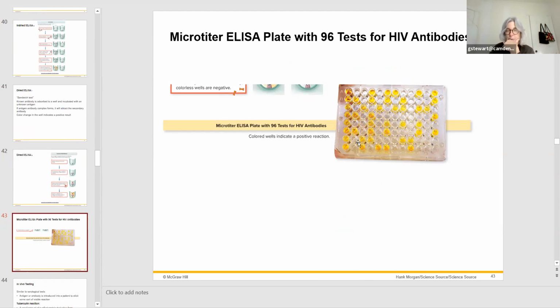This isn't a good example because the controls would be in decreasing concentration either down the plate or across the plate. So they'd be super dark yellow at the beginning, and they would get less and less concentrated. And those controls, those standards, we would call them, will make a standard curve. And then you can compare by a computer, basically.